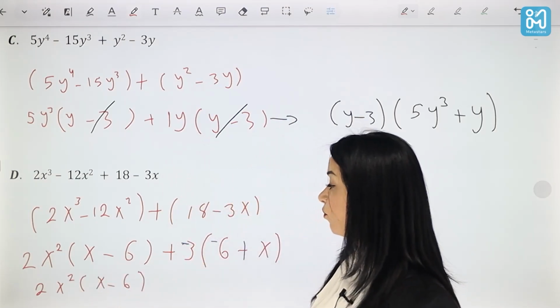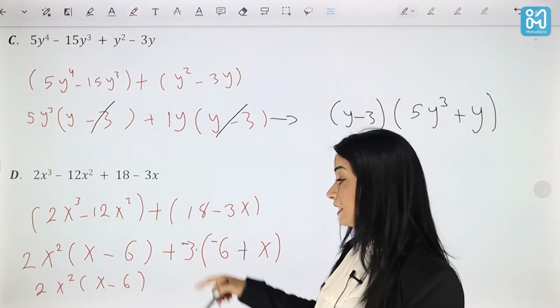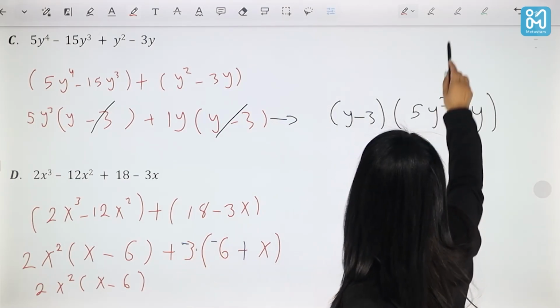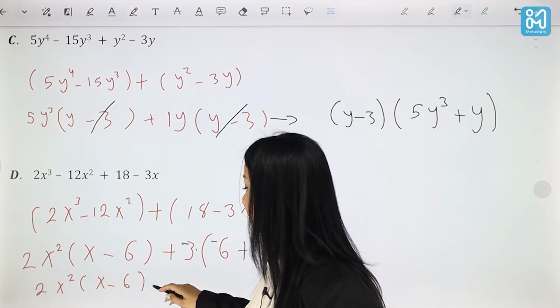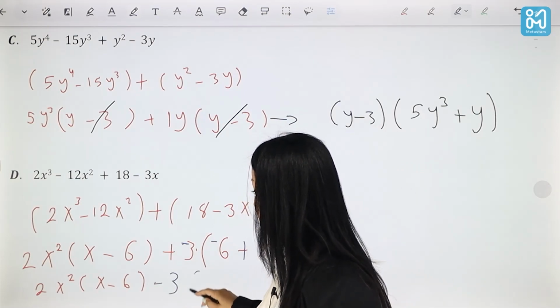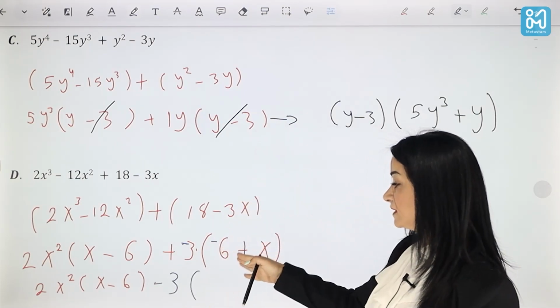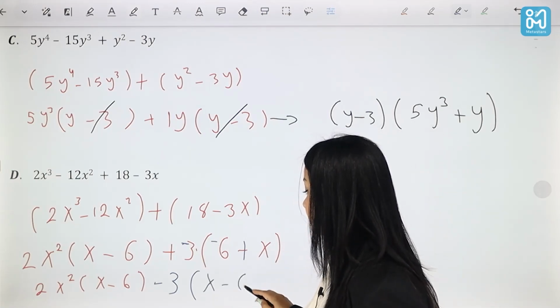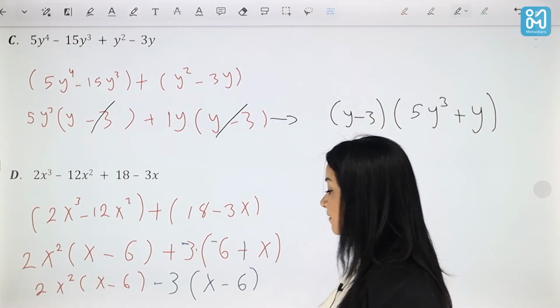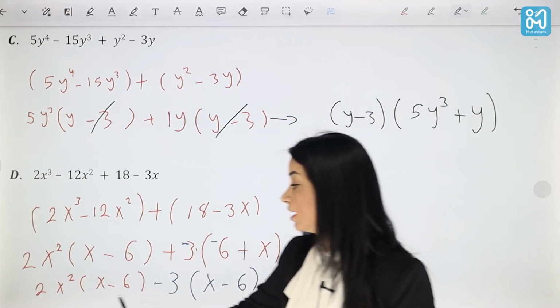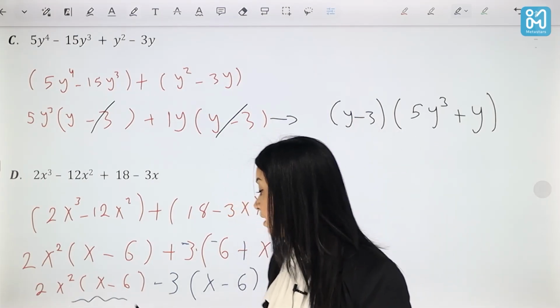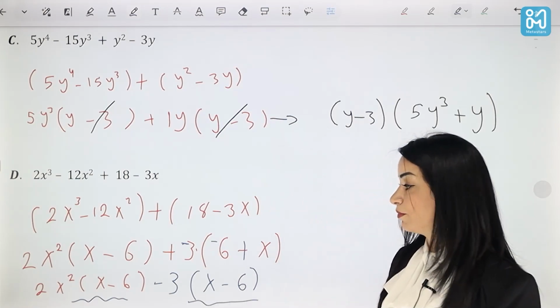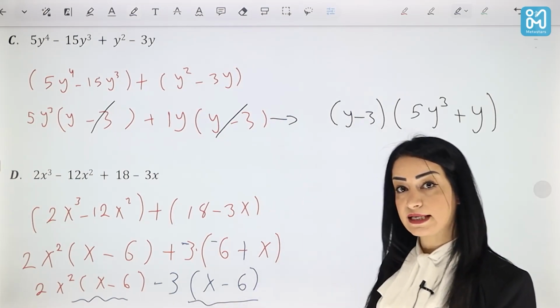Now I have what? 3 plus negative 3, or I can directly write it as minus 3. Here I have negative 6 plus x, or I can write it as x minus 6. X is positive, 6 is negative. So now I have the same bracket, x minus 6 and x minus 6.